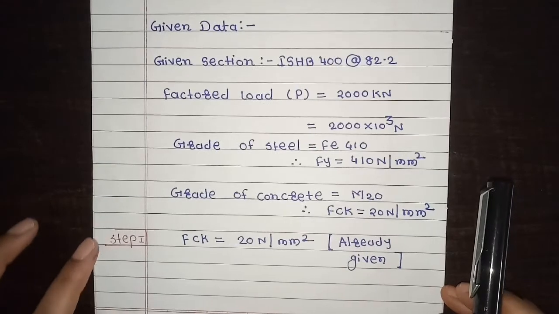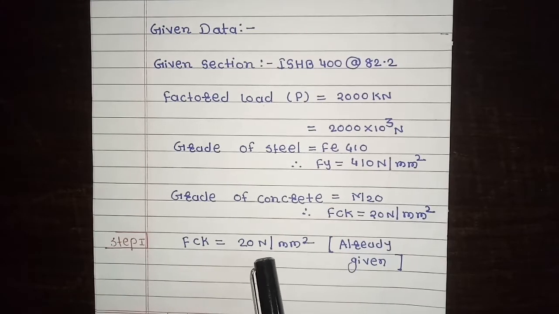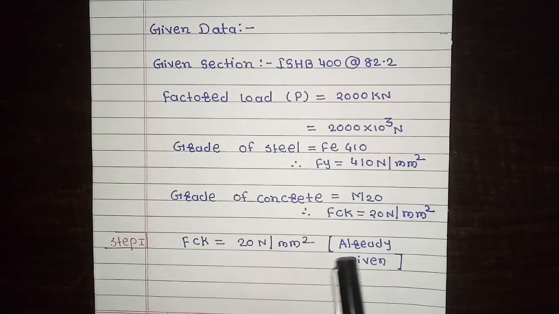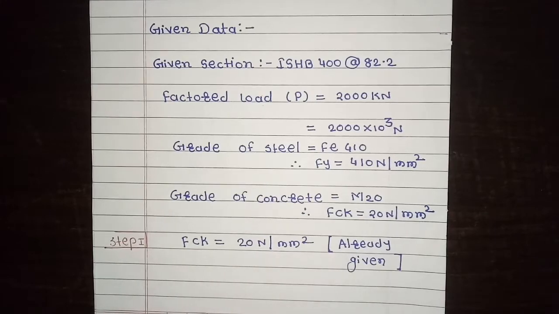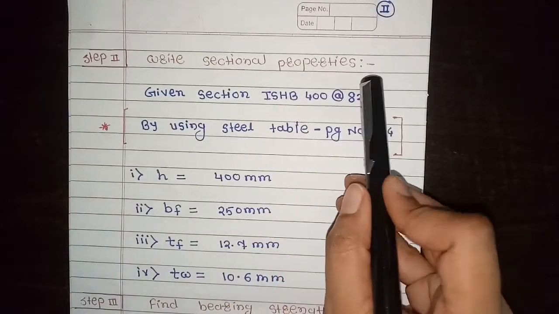Step 1. Assume suitable grade of concrete, but if already given, then write down the given value. FCK is equal to 20 Newton per mm square, already given value. Then second step, write sectional properties.